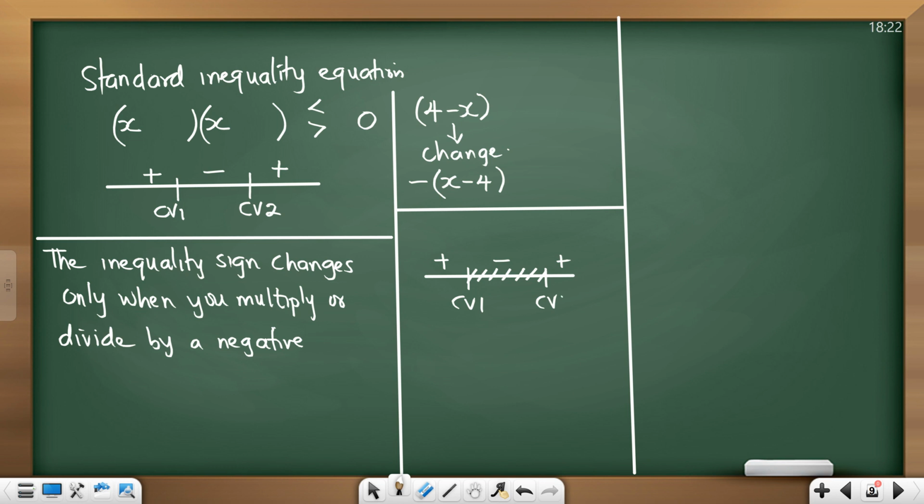CV1 and CV2, you did this. Now, if your answer lies between those two CVs, this is how you represent your answer. Please, watch out for that inequality. It is between. Check how I'm going to write my between.